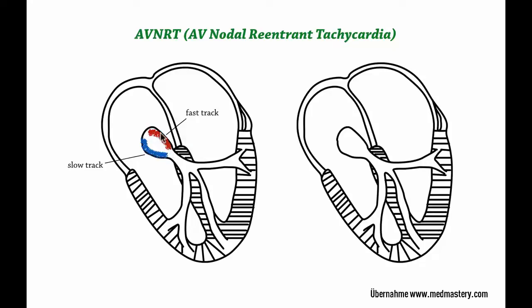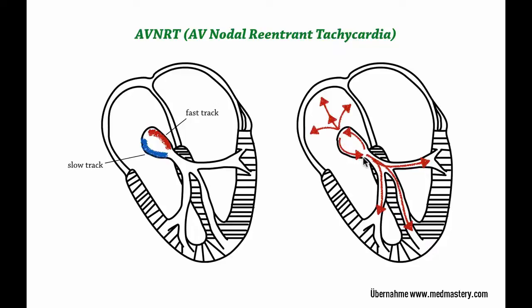Usually, the impulse travels down from the atria to the ventricles through the fast tract. AV nodal reentrant tachycardia can occur when by chance the fast tract is intermittently refractory and the atrial impulse passes the AV node by the slow tract.